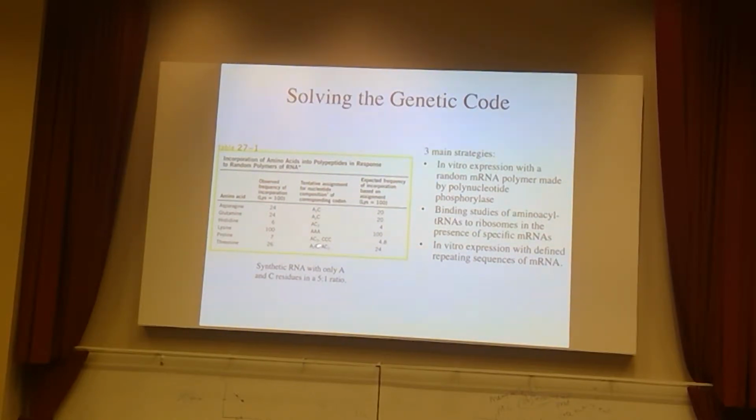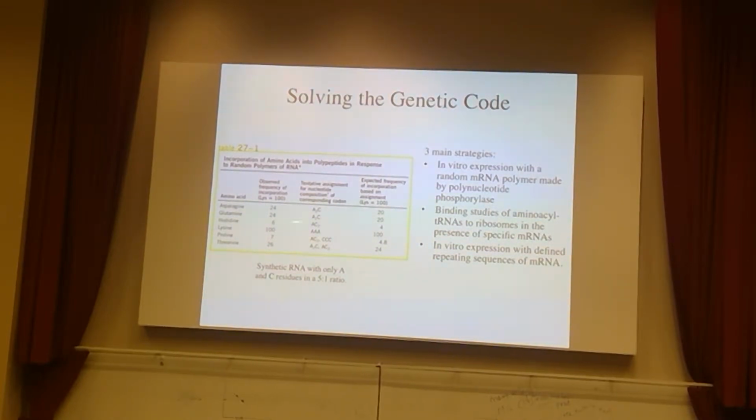So they would know that if you're mostly feeding this system adenine, then probably most of the codons that will be read out will be AAA. And what they were able to observe is that the majority of the product being created was a polymer of lysine.